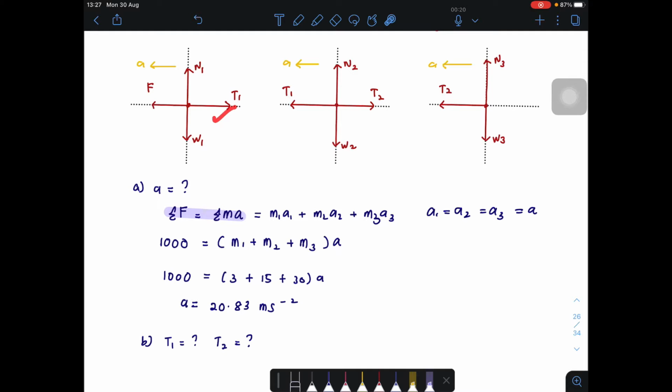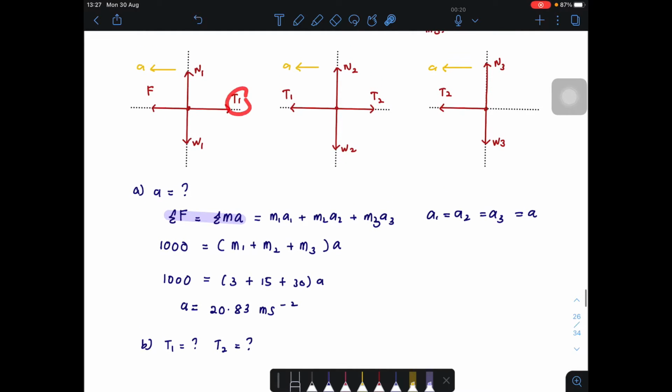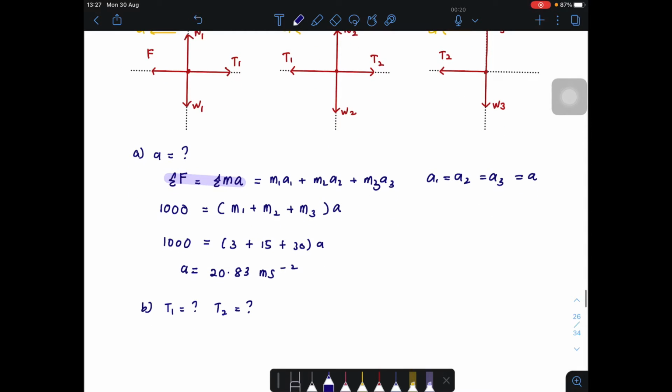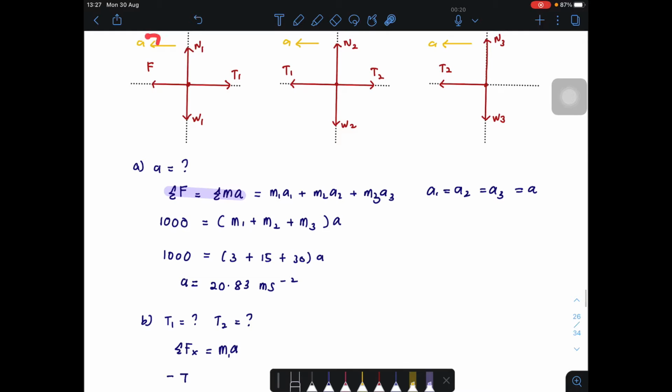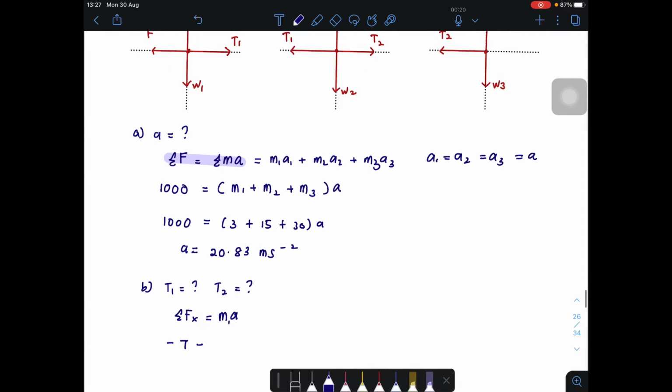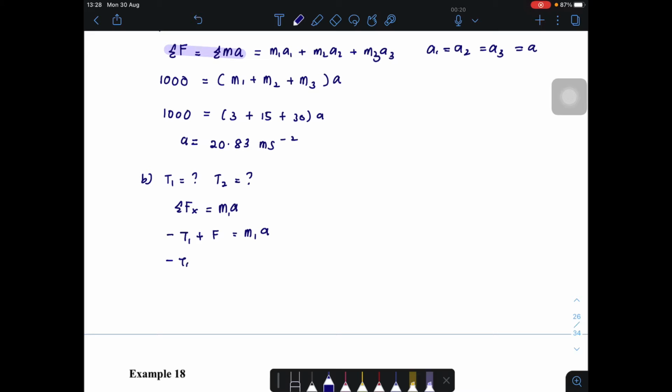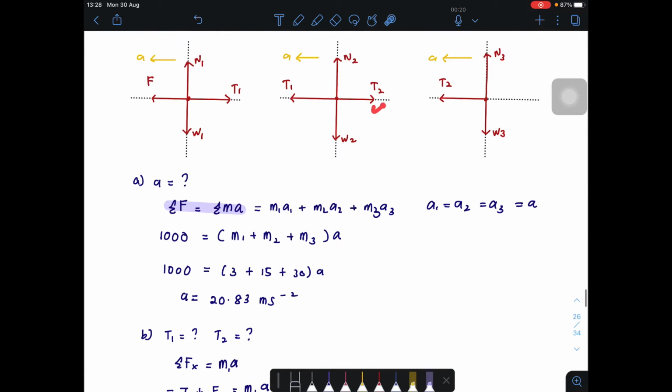T1 here is in the opposite direction to A, so it will be negative. T1 will be negative because it is opposite to the acceleration, so F will be positive. Plus F equals M1A. Then insert negative T1, F earlier was 1000, equals M1 which is 3, and A we already got. So we will get T1 equal to 937.51 Newton.